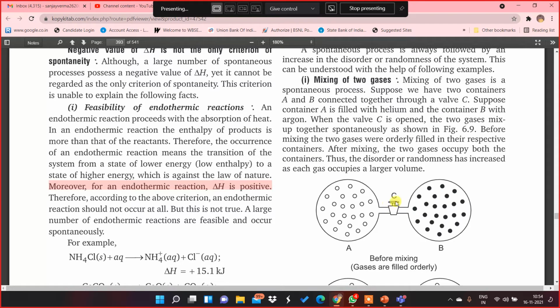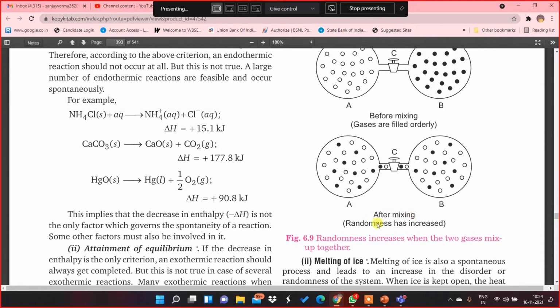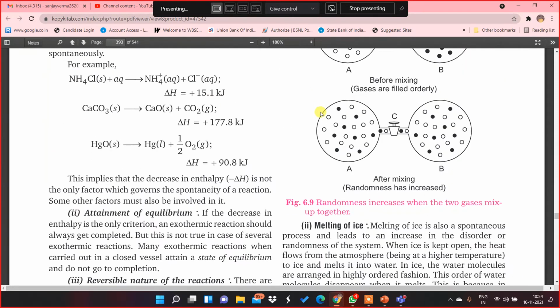Now, when you open this cap, the gases will try to mix with each other, and then after mixing, randomness has increased. Randomness increases when the two gases mix together. So that is called spontaneity during the mixing of two gases. Increase in the randomness of the system leads to spontaneity in the process.